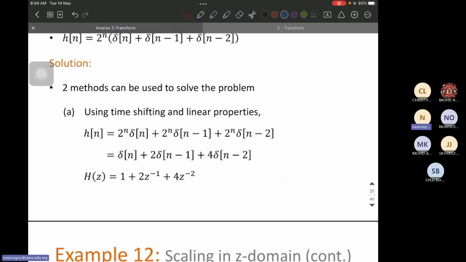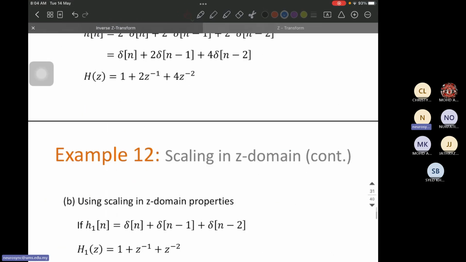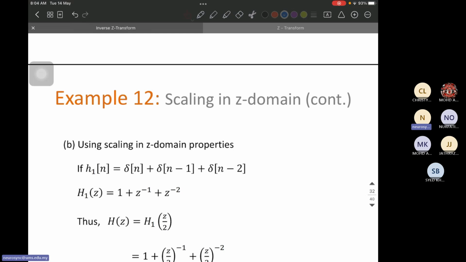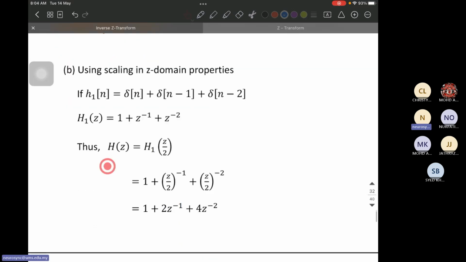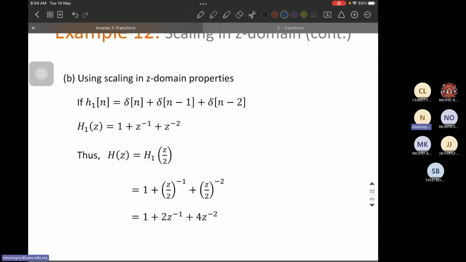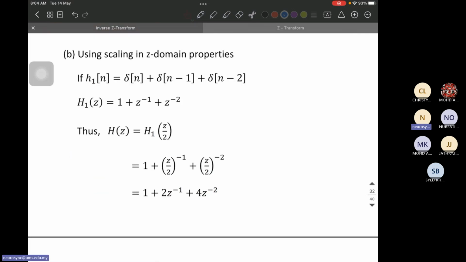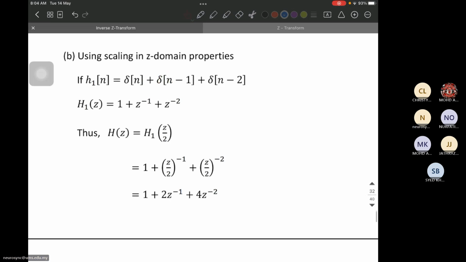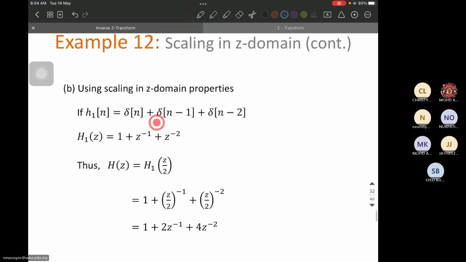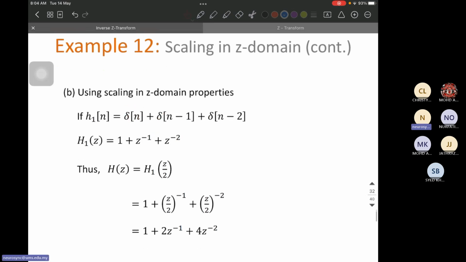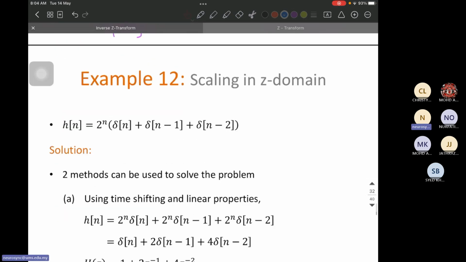The second method we can apply is scaling in the z domain. We can directly apply the scaling property. First we find the z transform of the signal, call it h1 of n.